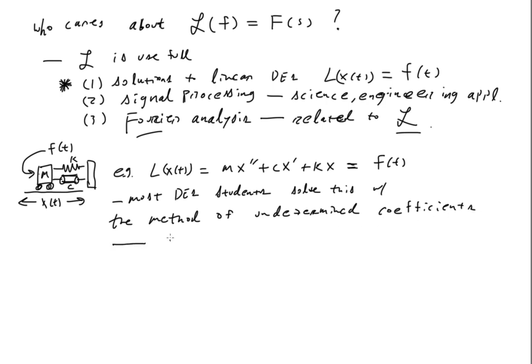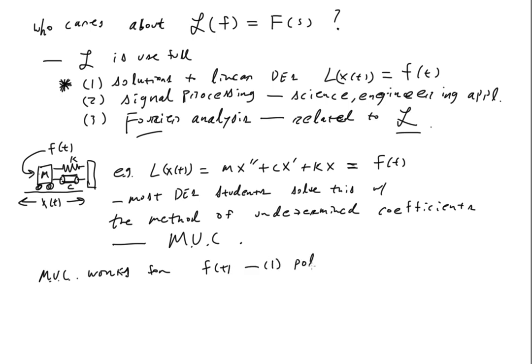And I think some people just call that MUC, method of undetermined coefficients. Okay, and that works, or I should say MUC works for f of t that are of the following forms.